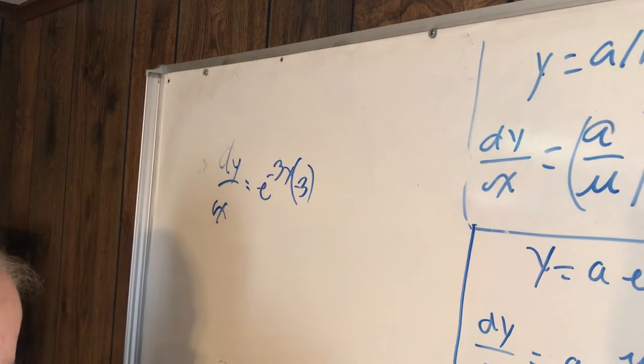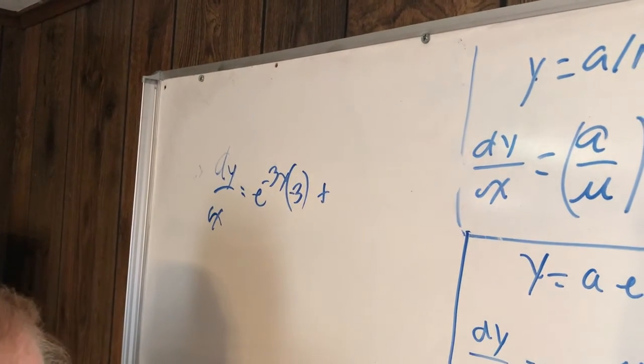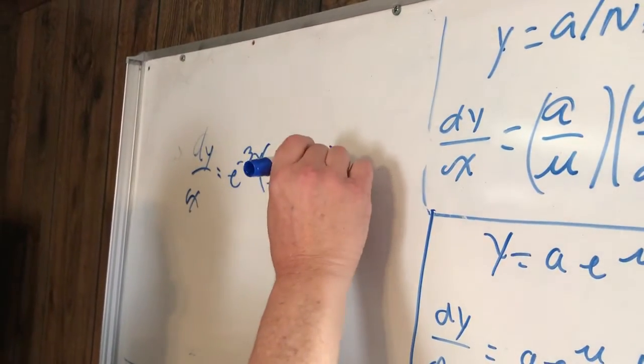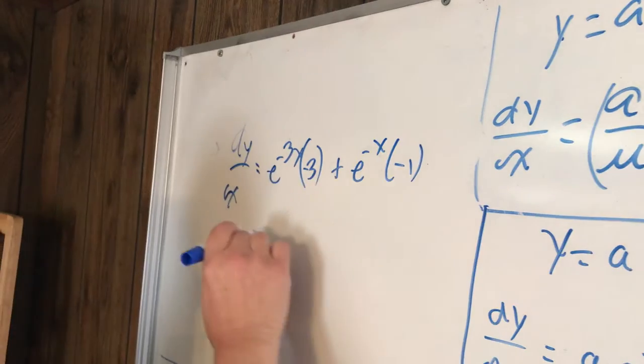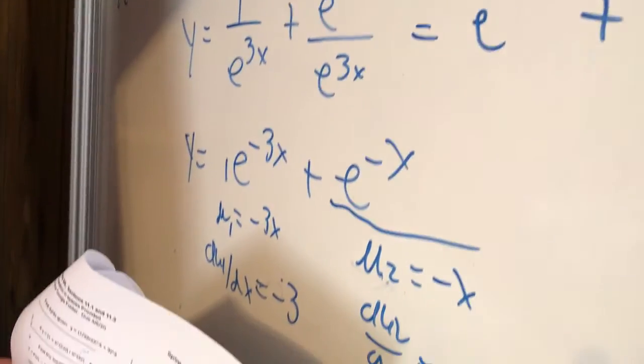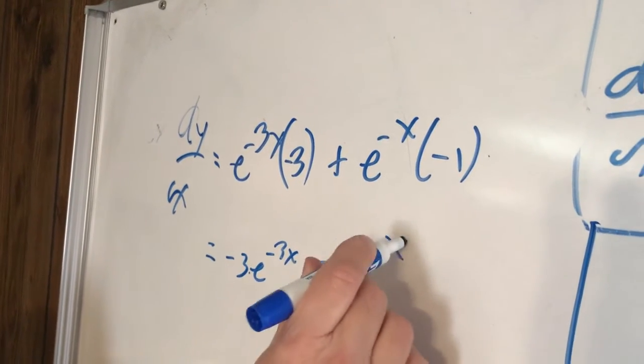Plus e to the u, which is e to the minus x, times minus 1. So what changes here? Just the signs. So we get minus 3 e to the minus 3x minus e to the minus x.